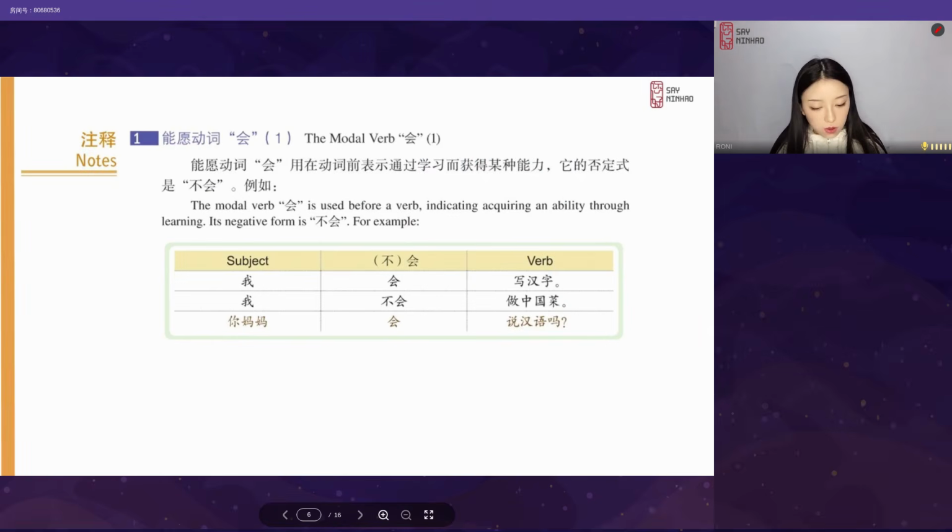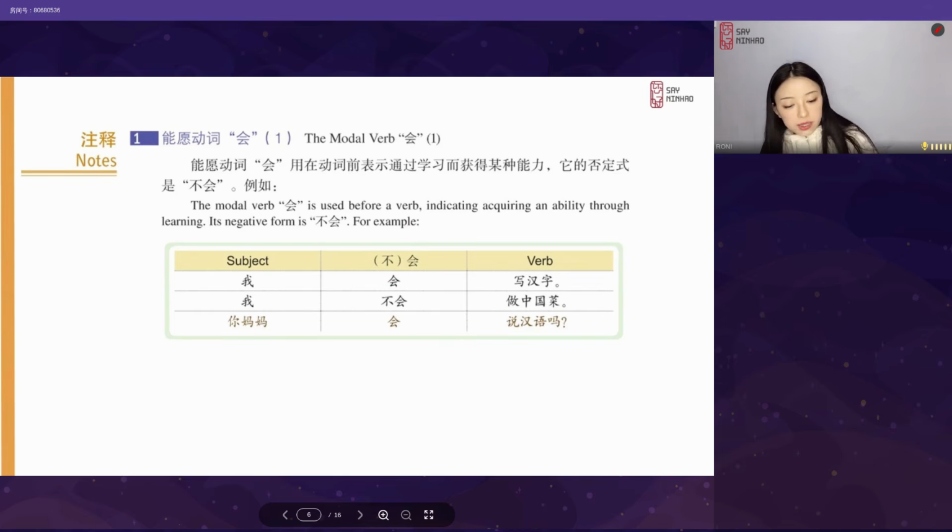Now let's move on to our language points. The first one is the modal verb 会, which means can, be able to do something. It actually indicates an ability you acquired through learning. By learning you acquired an ability, and we can say 会.